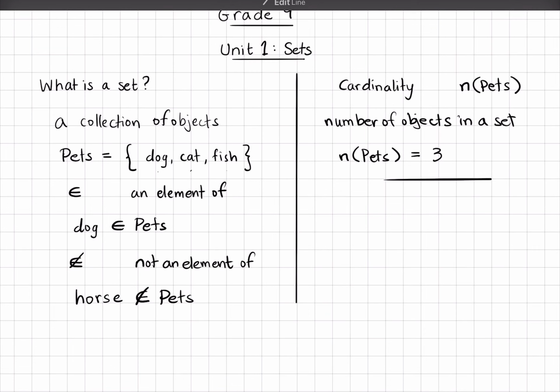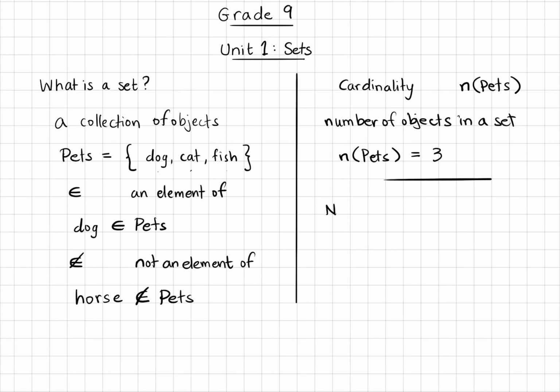First is the set of natural numbers. We usually give this the letter N. Natural numbers are whole numbers that start from 0, so 0, 1, 2, 3, 4, and so on, up to infinity.